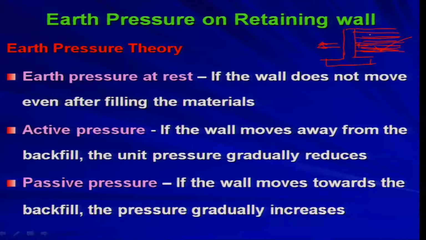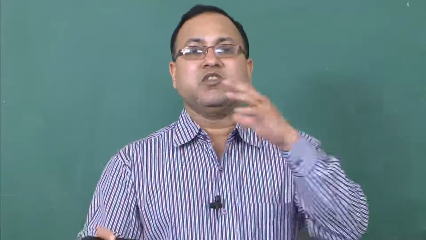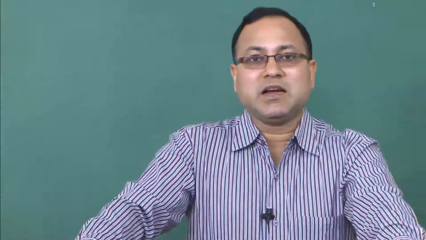Whatever pressure was there at rest condition will gradually decrease to get the active state. But in case of the passive state, the wall is moving towards the backfill, that means you are pushing the wall towards the backfill. So your pressure will be increasing further from the rest condition.